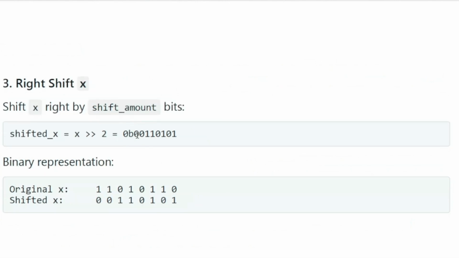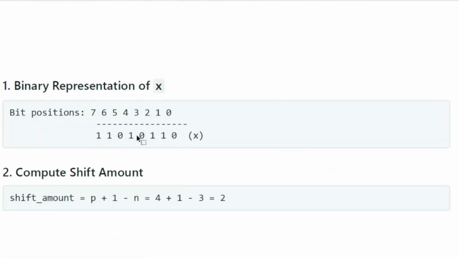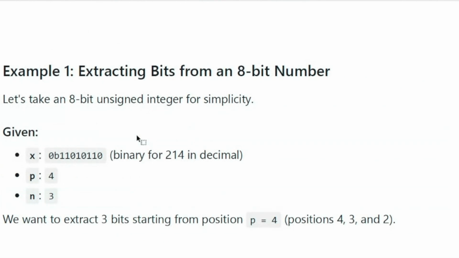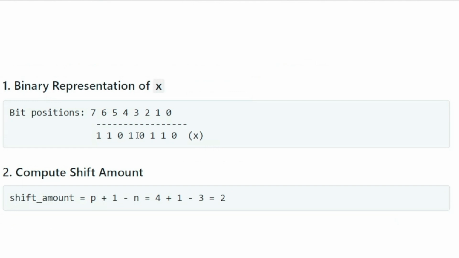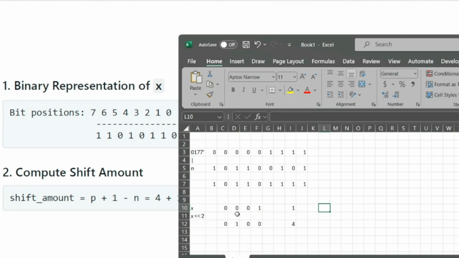All right. Let's see how we're going to do it. We'll use this example first to see how it works, then we look at the code. First of all, we want to shift this to the right, so we remove what we don't need.